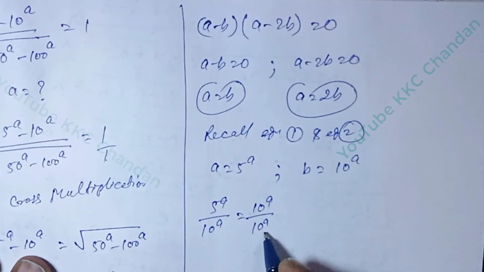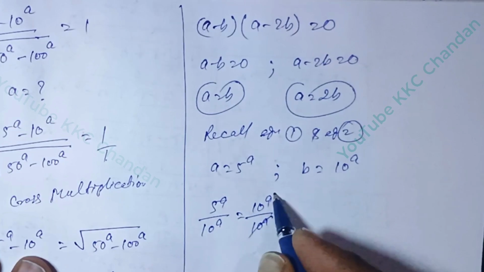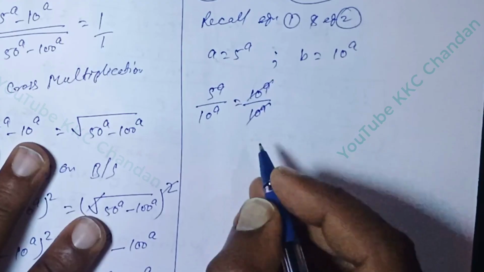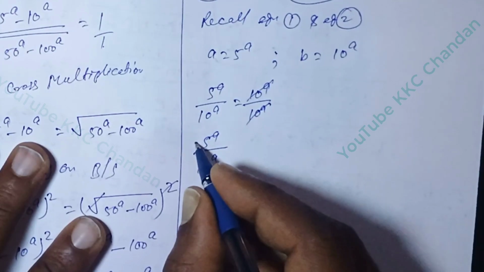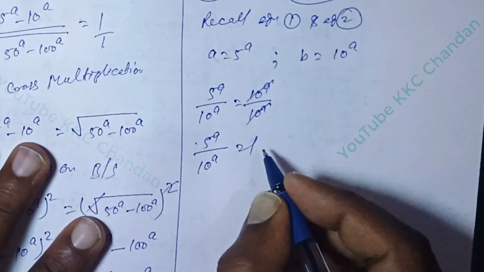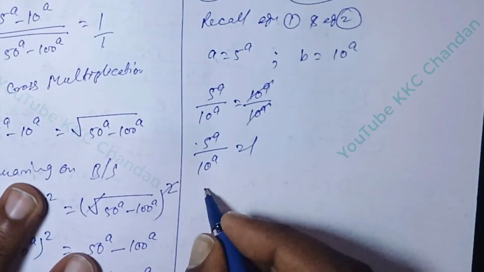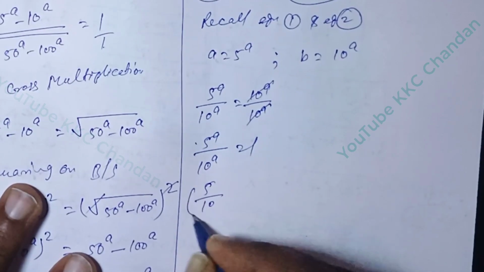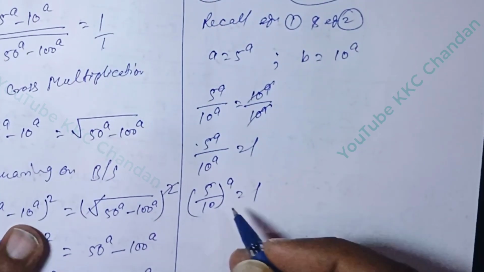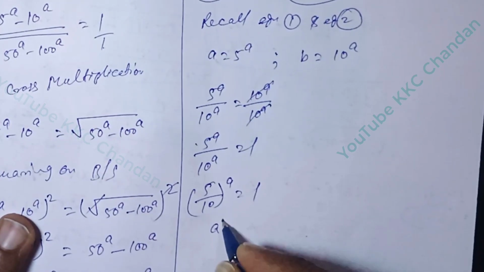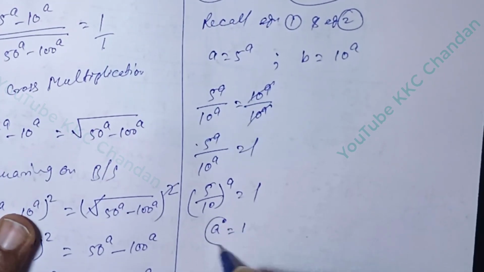Both sides divided by 10^a, so 10^a and 10^a cancel. Here left it, 5^a divided by 10^a is equal to 1. Next step, (5 divided by 10) whole power a is equal to 1. Next step, we know that a power 0, that value is 1.